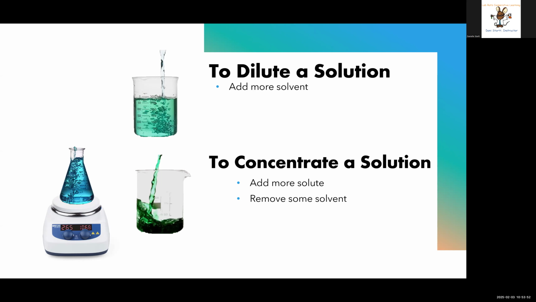How do you remove the solvent? Well, one way to do it would be by heating it, which is what it's showing you over there on the left, where you have the little Erlenmeyer flask on that hot plate. If you heat it, you will boil and then vaporize some of the solvent, which is water, perhaps if we're talking about salt water here, and then that would further concentrate your solution. The same could be said for letting it evaporate.